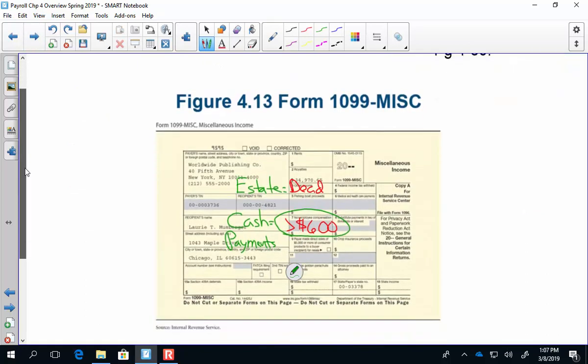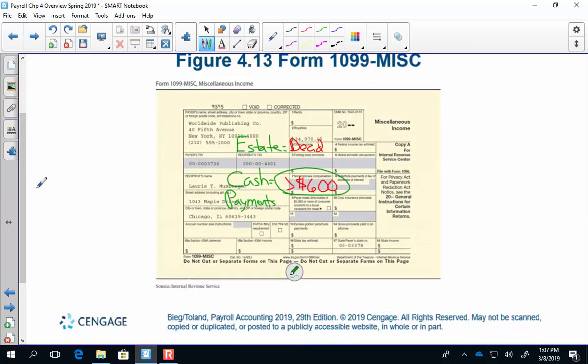And I also show the form itself where that greater than $600 payment to non-employees, right, those independent contractors, it's called non-employee compensation. So it's in box 7. We also may run into occasions where an employee dies and the last paycheck, which is paid to the state, goes in box 3, and that's why I have the word dead there.